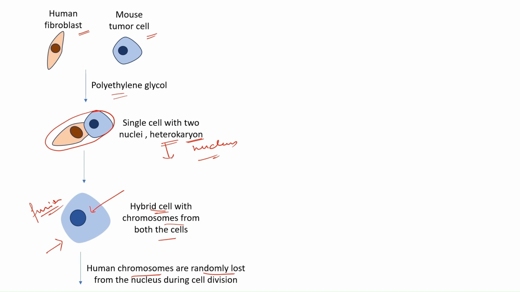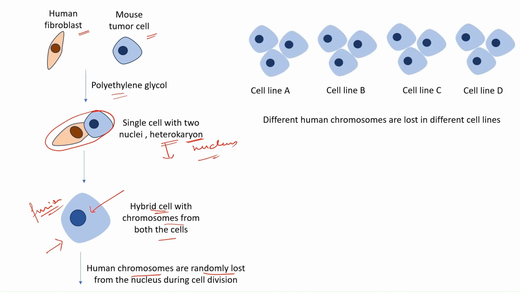But we know that when human fibroblasts and mouse tumor cells are fused, the chromosomes which are lost are the human chromosomes. Clear? So we will get different cell lines A, B, C and D with different human chromosomes. For example, in cell line A, chromosomes number 1 and 2 are lost. In B, 3 and 4 are lost. Next, 5 and 6 are lost, and so on. So we get different cell lines where different human chromosomes are lost.